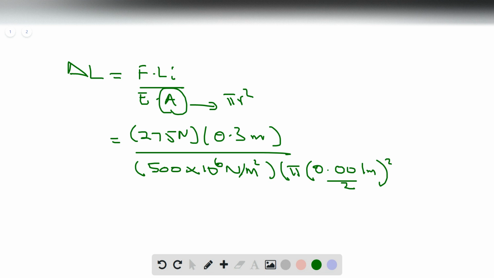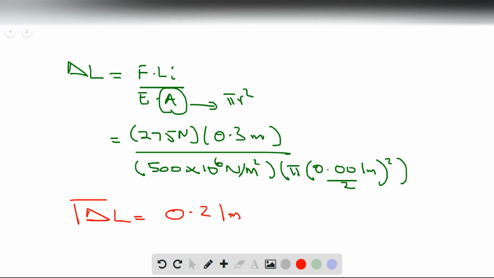That's the radius itself. When we plug in the numbers, we end up getting approximately 0.21 meters as the stretching length. So hope you enjoyed the problem.